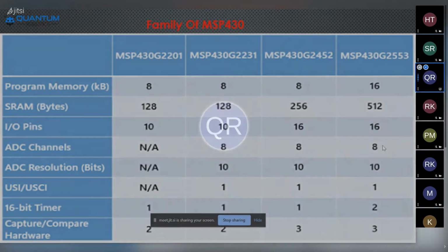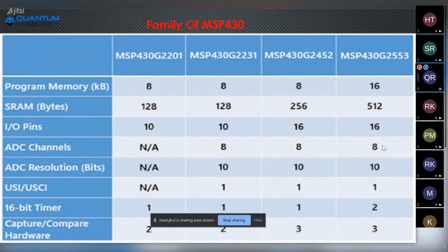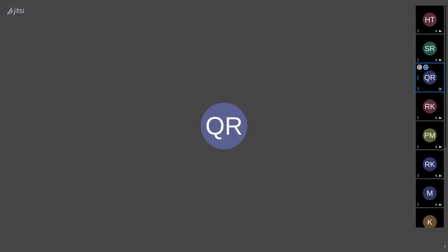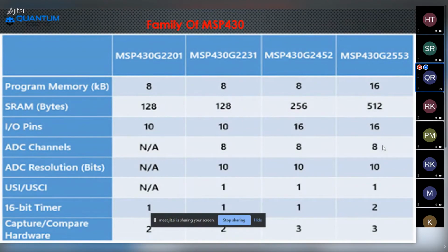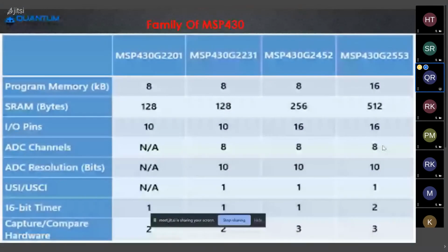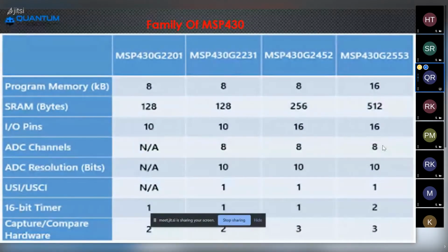These are all the rows we got from the MSP430G family. Here we can see that in the MSP430G model numbers, two timers have been included, and SRAM is 512 bytes in capacity.